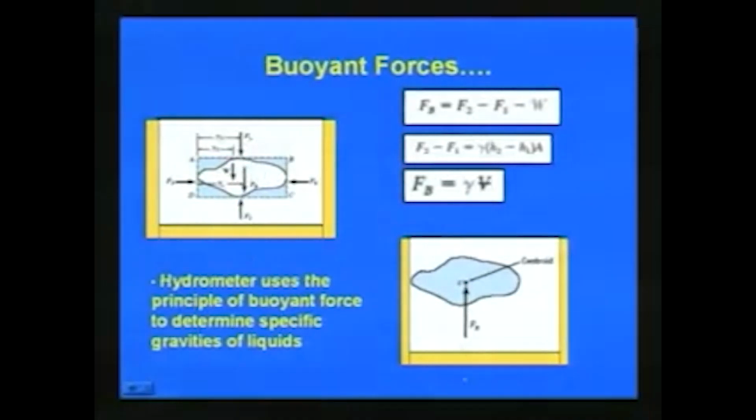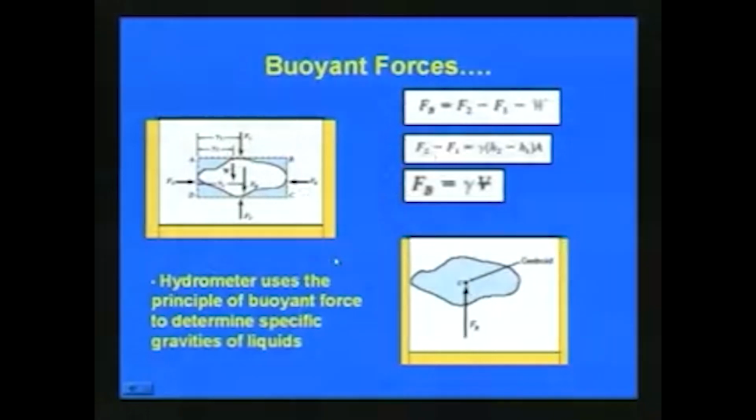So Fb, the buoyant force, is equal to F2 minus F1 and minus W, where W is the weight of the body. F2 minus F1 is equal to gamma into (H2 minus H1) into A, and finally the buoyant force is equal to gamma into the volume of the fluid which was displaced. This is the way we determine the buoyant force.